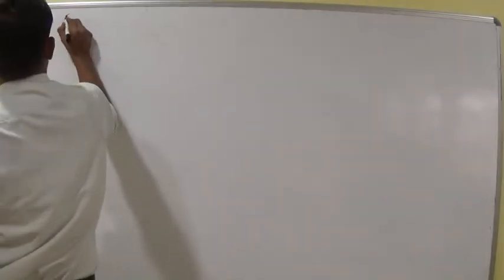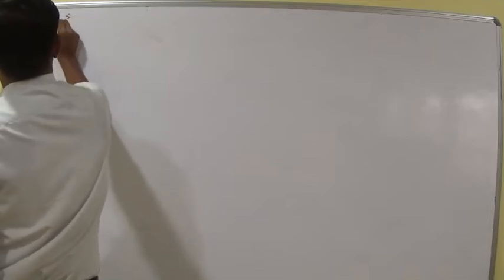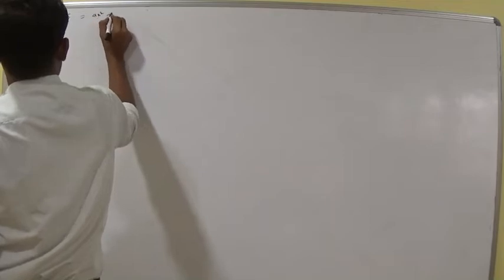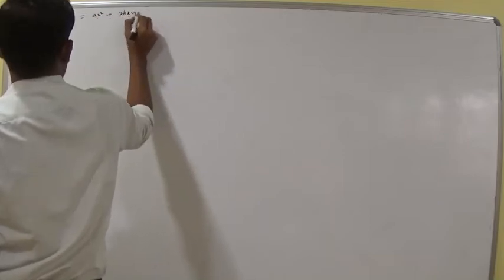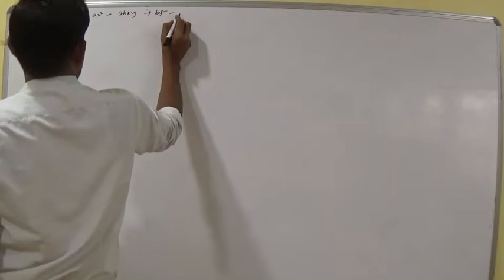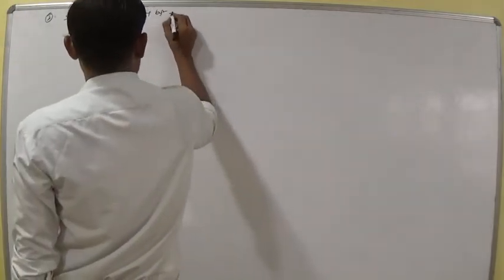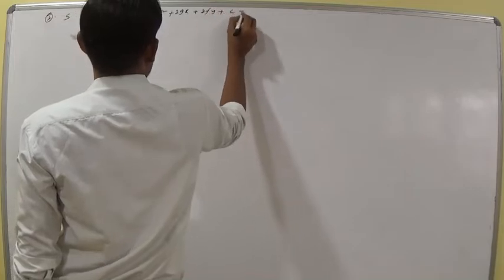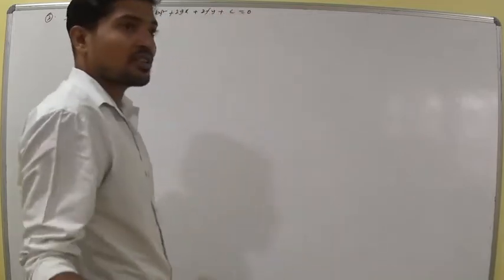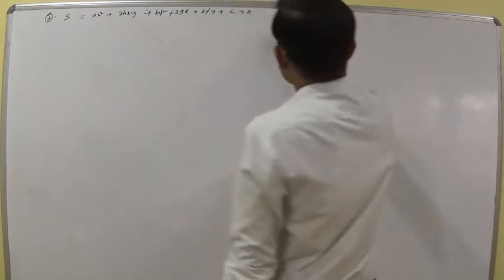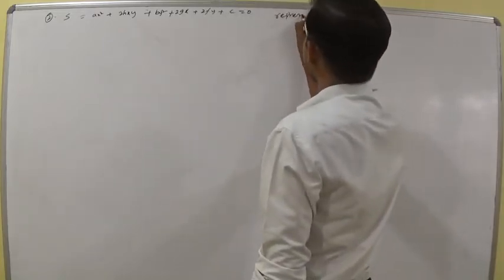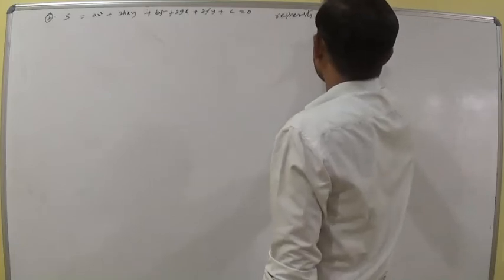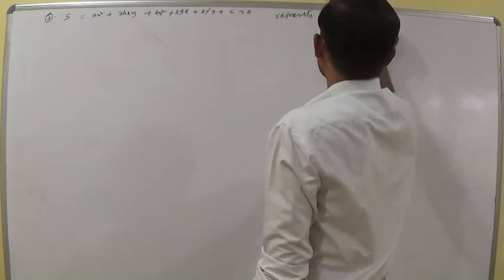S is equal to ax square plus 2hxy plus by square plus 2gx plus 2fy plus c is equal to 0 represents a pair of straight lines.